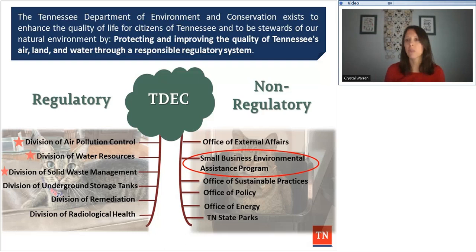Some of the regulatory divisions are listed on the left: air pollution, water resources, solid waste, underground storage tanks, remediation, rad health. So there's a few. We cover everything, all the media. Where agritourism may get involved, maybe air pollution control, water resources, solid waste management, just to give y'all an idea.